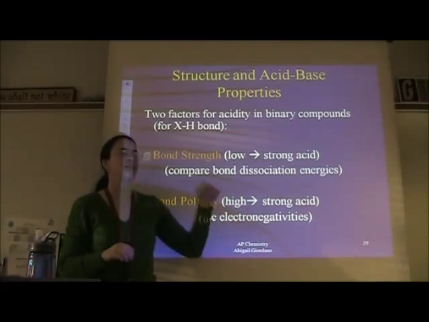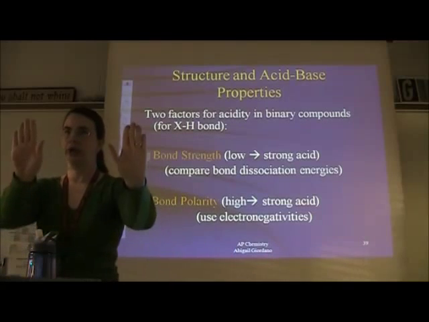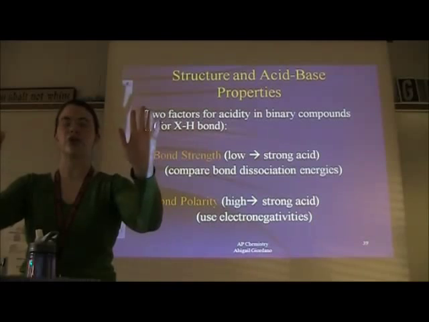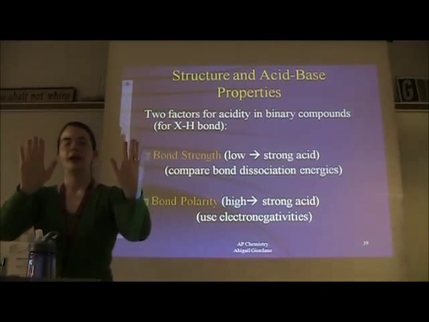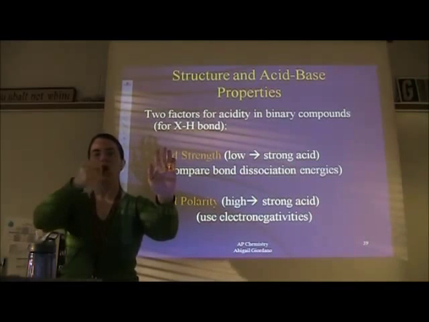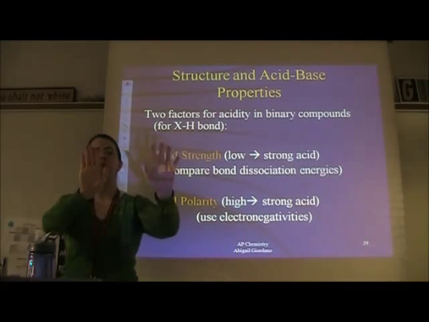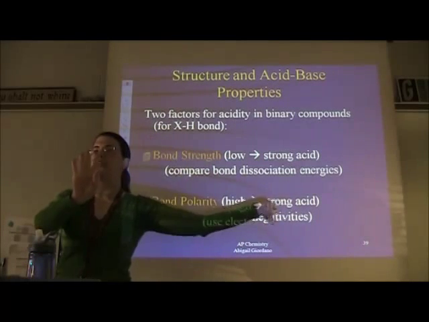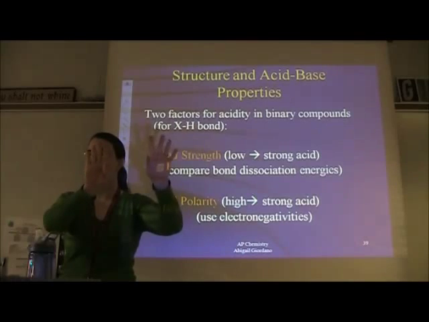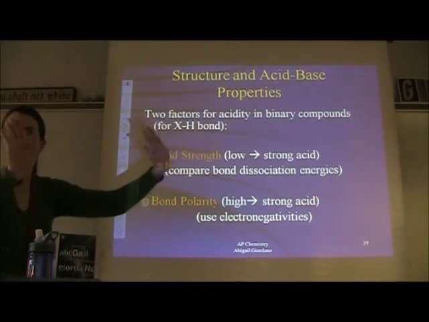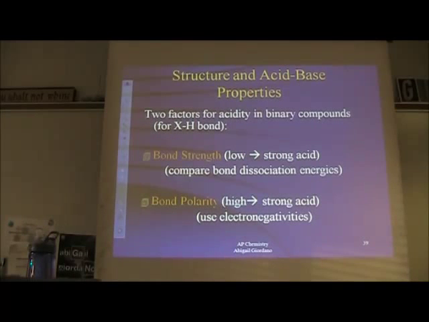Bonds that are very polar, meaning one of the elements is really hogging the electrons towards itself, like HCl. Cl is more electronegative, hogging those electrons. That leaves this bond very polar. That means this H can be very easily pulled off, and that makes sense. If it can be easily pulled off, it will be strong. Strong acid.